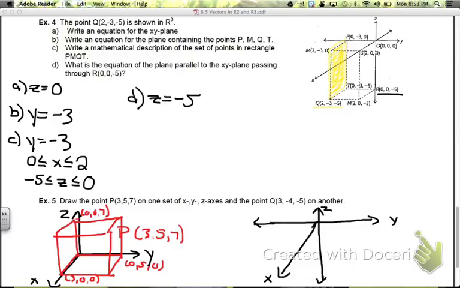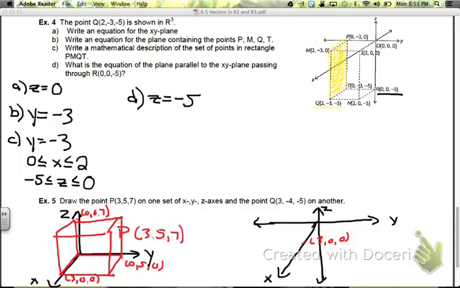So since I want to plot the point 3, -4, -5, my first step is to plot our points just on our x-axis, y-axis, and z-axis. So this here, I'm going to label as my 3, 0, 0 on my x-axis.